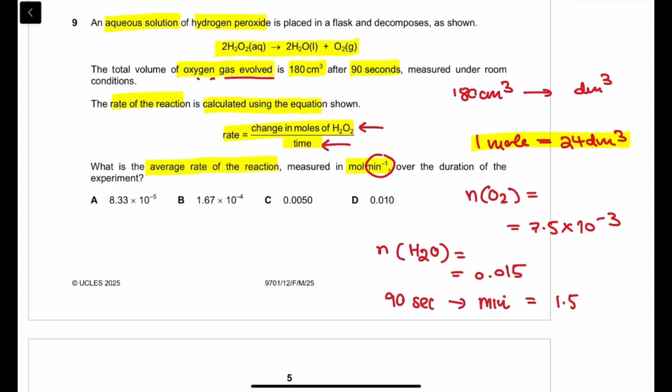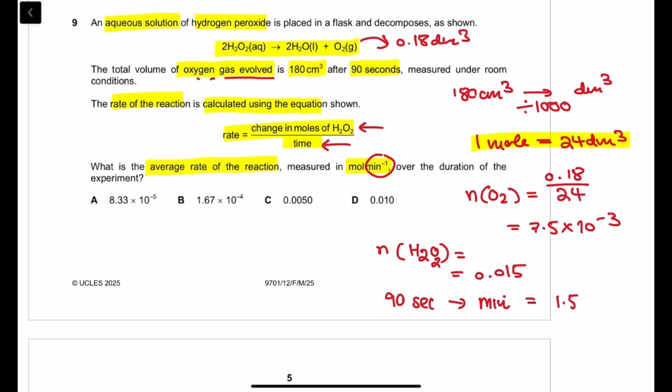To go from centimeters cubed to decimeters cubed, we need to divide by 1,000. So we actually have 0.18 decimeters cubed of oxygen. So the moles of oxygen is 0.18 divided by 24 decimeters cubed, which is 7.5 times 10 to the negative 3.